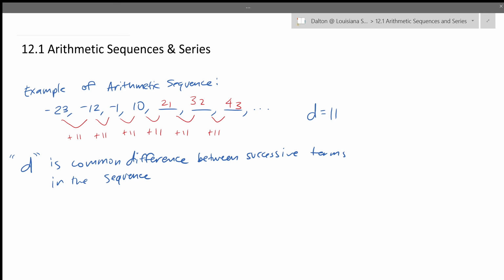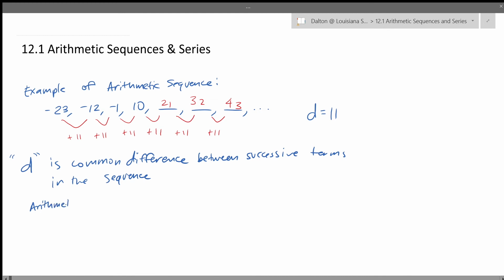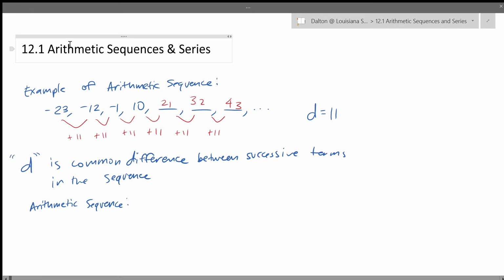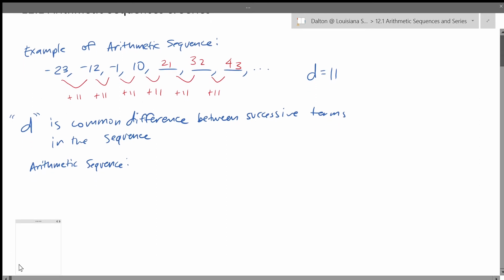So in general, with an arithmetic sequence, this is not a formula, but this is how any arithmetic sequence can be represented. You have your first term, which would be a sub 1. To get the second term, you would take that first term and add your common difference to it.